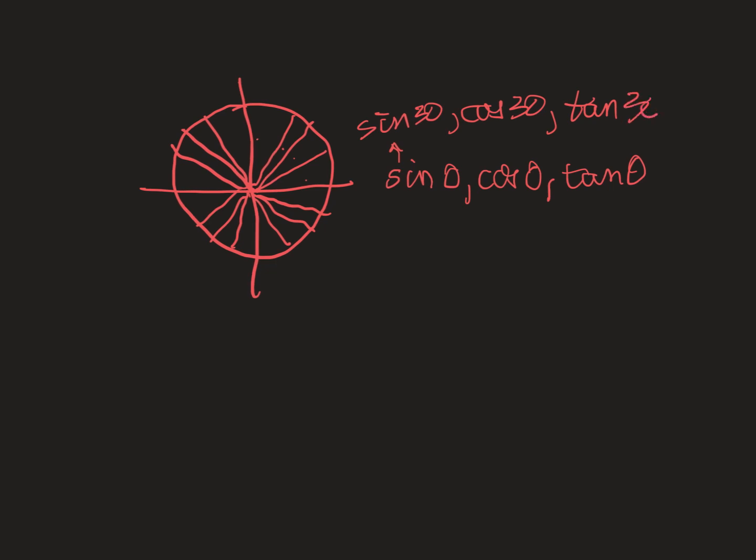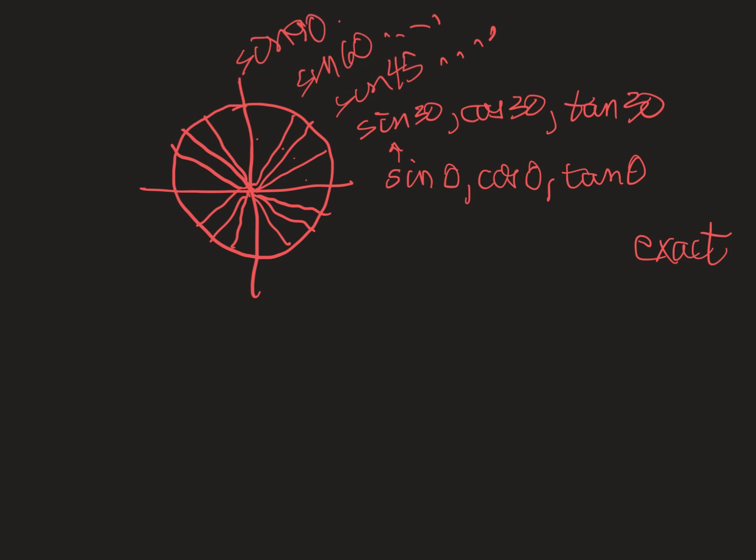And we don't want to know these as calculator answers. We want to know these as exact answers with the radicals in them. Okay? And then, of course, we'll do the same thing. Sine of 45 plus the rest. Sine of 60 plus the rest. And sine of 90 plus the rest.